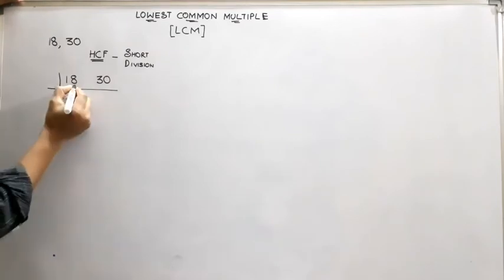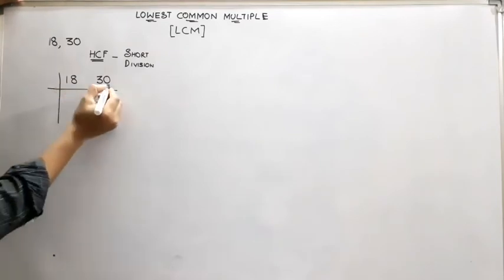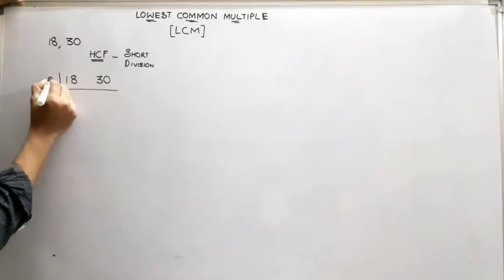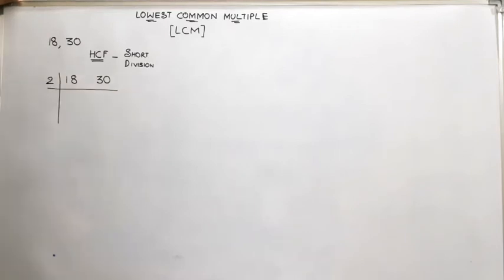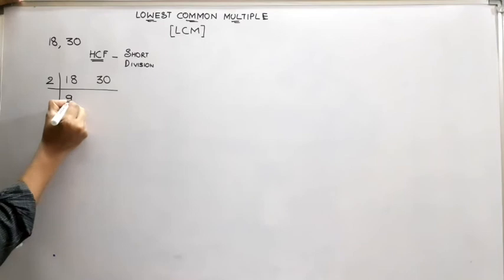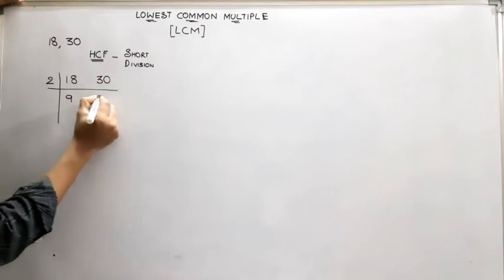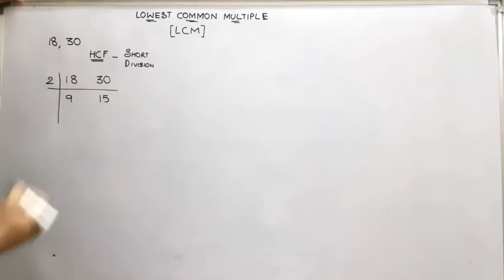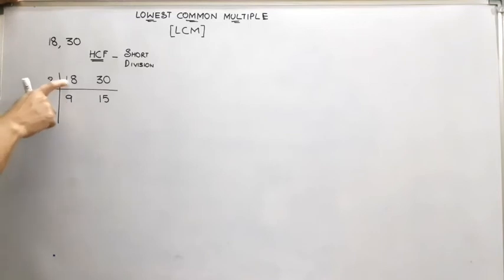As you know, 18 and 30 are even numbers, so we can divide with the 2 table. 2 9s are 18, 2 15s are 30.